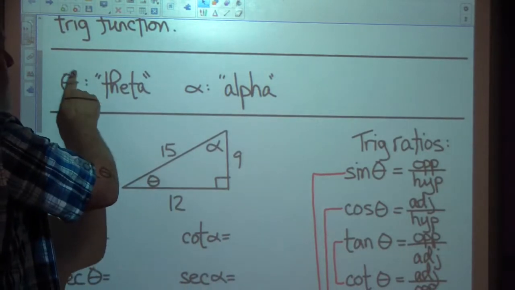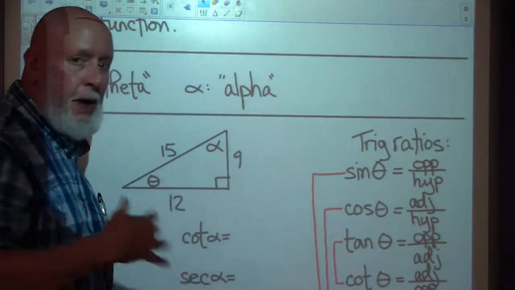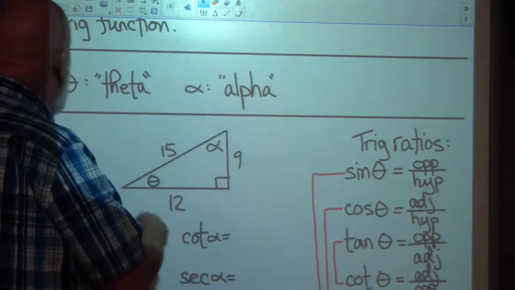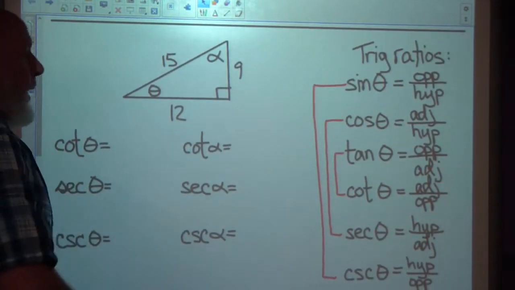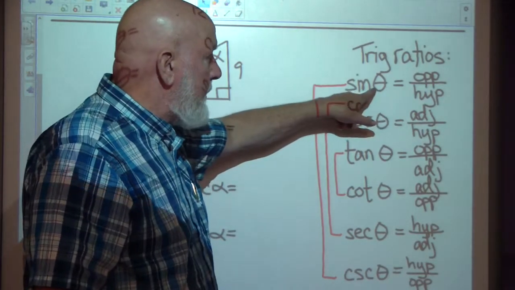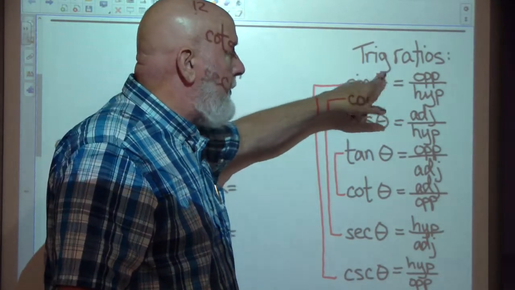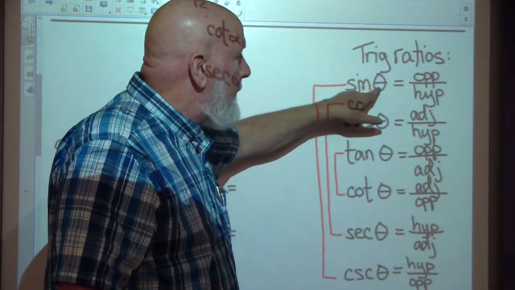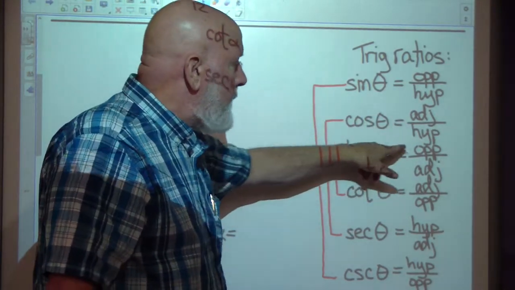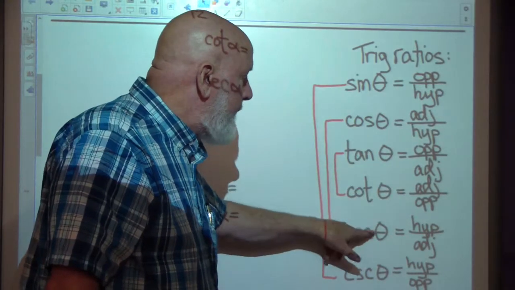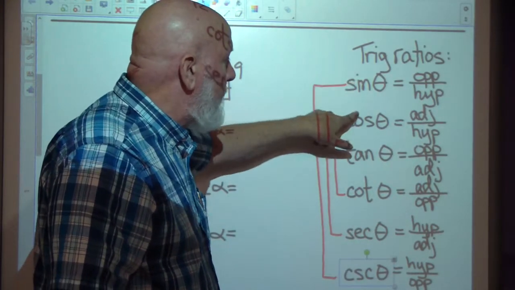Again, we're going to run into theta and alpha. They're just variables, just like they were in the last two assignments we did. Our trig ratios, of course, are defined as the sine of theta is equal to, or alpha, or any variable. The sine of theta is opposite over hypotenuse, cosine is adjacent over hypotenuse, tangent is opposite over adjacent, and these three are the reciprocals of these three.